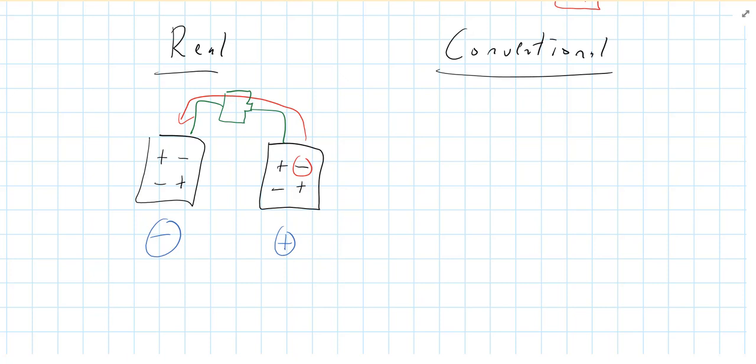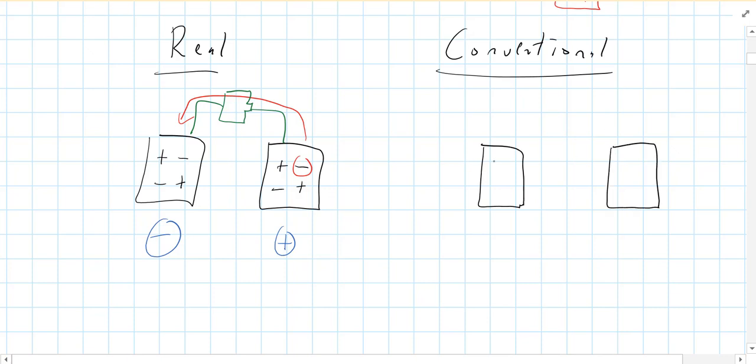But if you talk to an electrical engineer or electrician, here's the way they think of it. We'll say we have the same two buckets, same initial neutral charge like so. And the same battery. So you hook up the same battery like so, just like that.